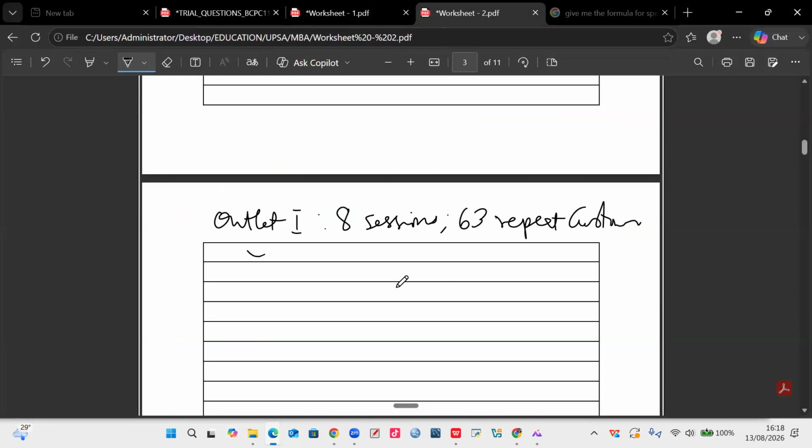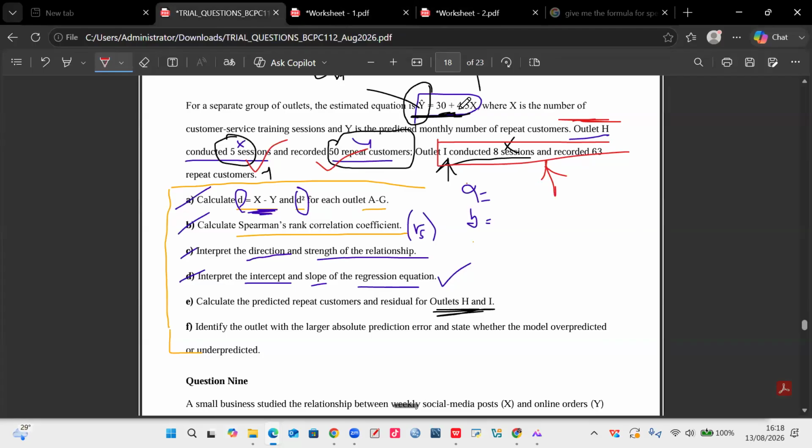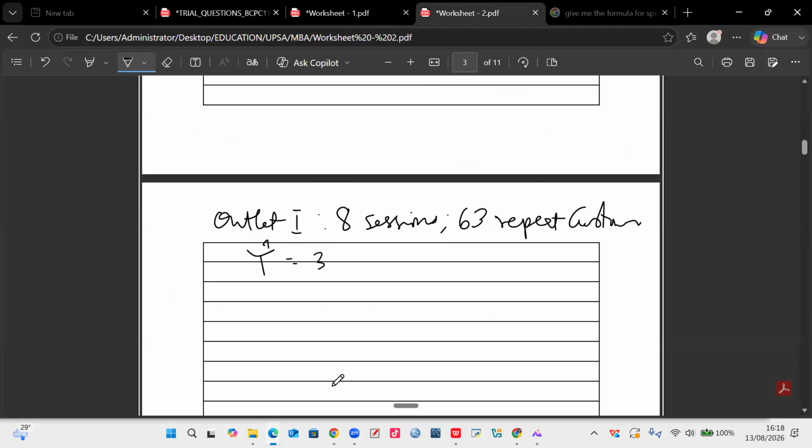So the regression equation is, what is it? Y hat equals 30 plus 4.5x. So where x, what's the value of x? 8.